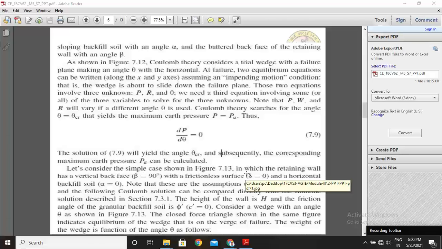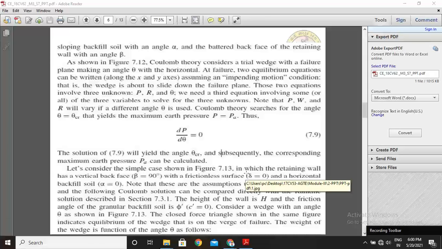Note that P, W and R will vary if a different angle theta is used. Coulomb theory searches for the angle theta equal to theta CR, that is the critical condition, that yields the maximum earth pressure P equal to PA.